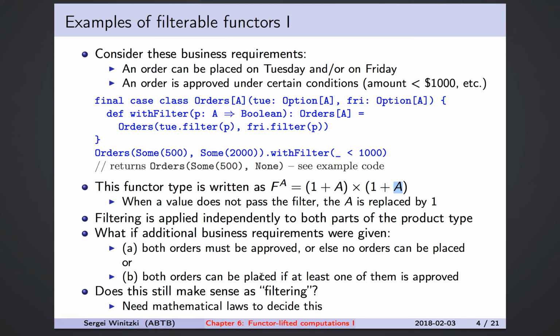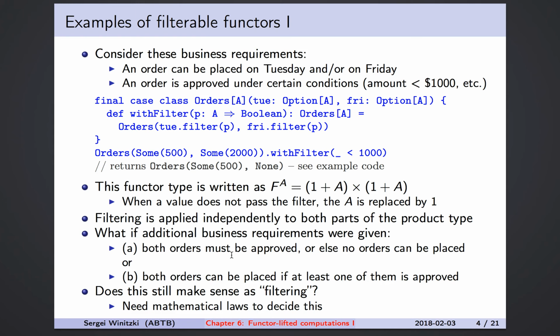But now I would like to ask, well, I can come up with any number of other requirements of this kind. Which of them actually make sense in terms of filtering? And this cannot be answered without some mathematical principles or laws that allow us to decide whether a certain function satisfies the laws and therefore it makes sense to be used as a filter.